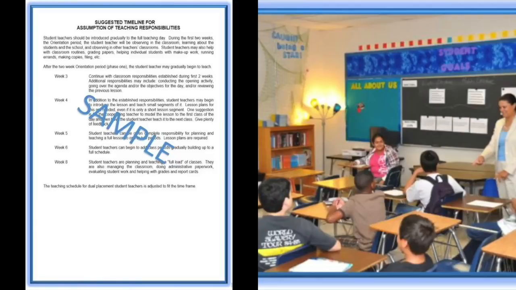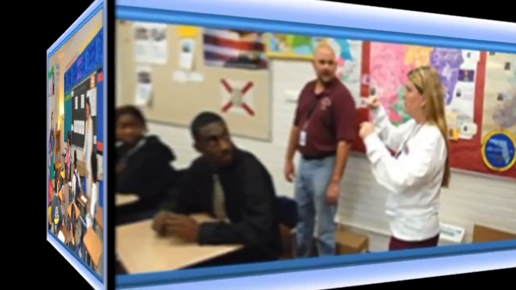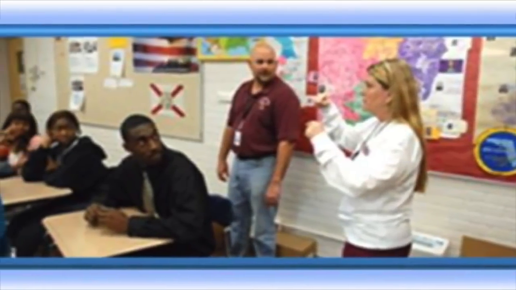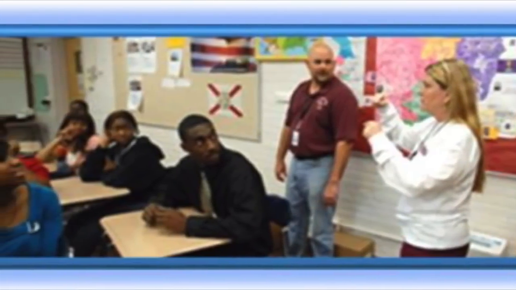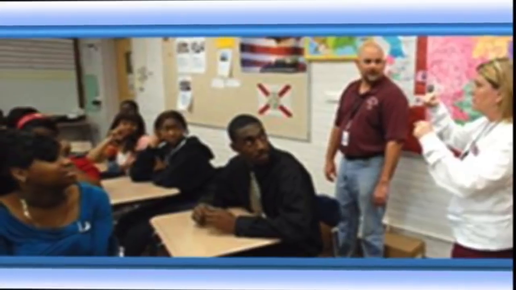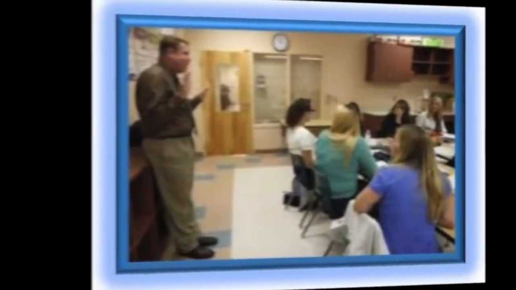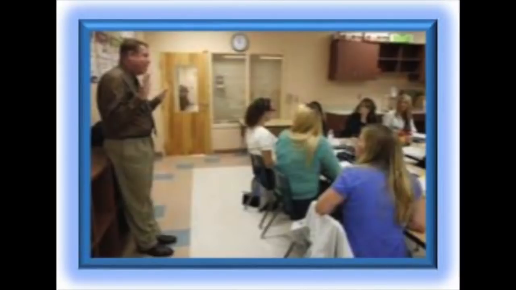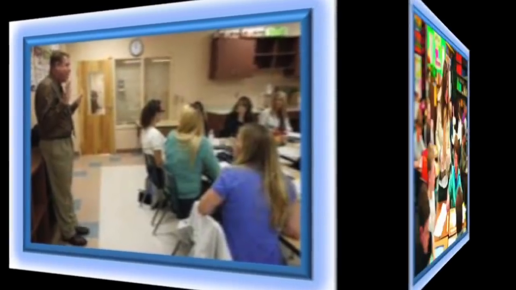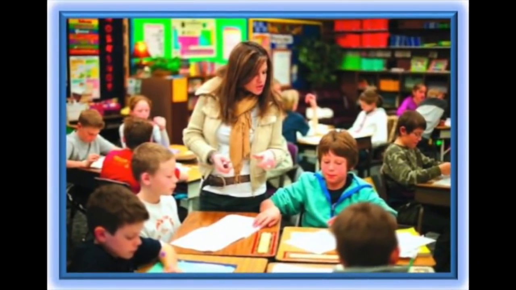There are various ways for middle and high school cooperating teachers to begin to share the teaching responsibilities with the clinical teacher. For example, the clinical teacher may teach the lesson during first period to model how the lesson should be taught, and then the clinical teacher may teach the lesson during second period. The cooperating teacher could teach again during third period, and the clinical teacher may teach again during fourth period, and so on.